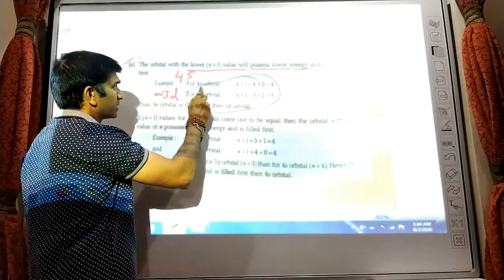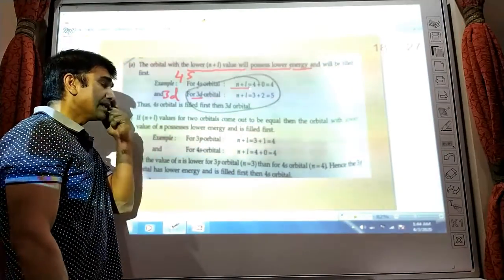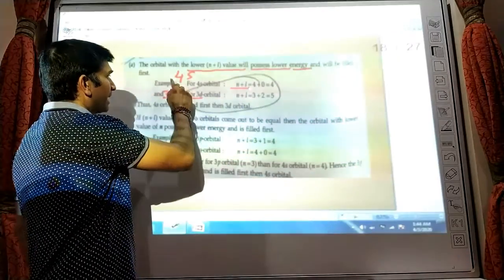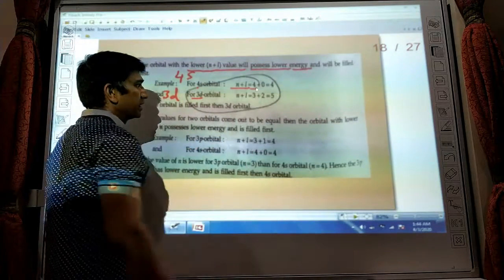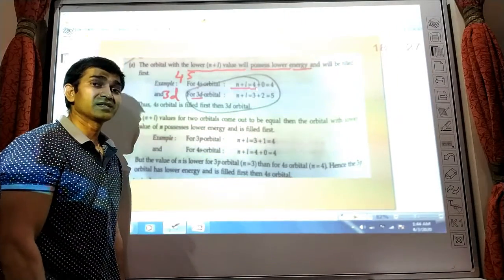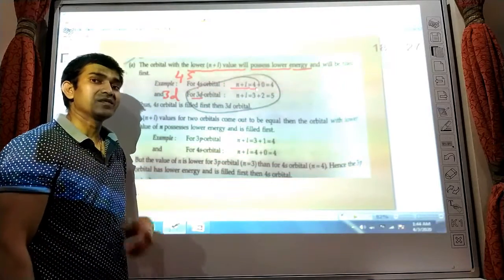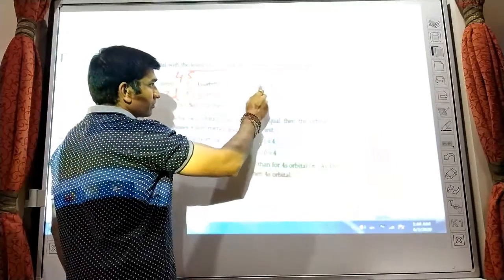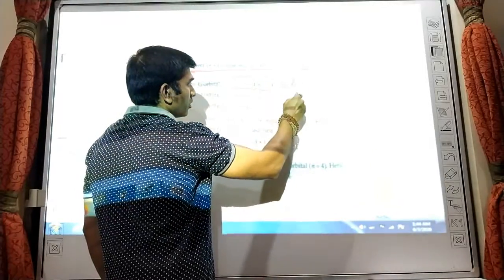The Bohr-Bury rule says n plus l, where n is the principal quantum number and l is the azimuthal quantum number. In the case of the 4s orbital, 4 is the n, and s is the orbital or subshell indicated by the azimuthal quantum number l, and l for s is 0, that is 4 plus 0 is equal to 4.